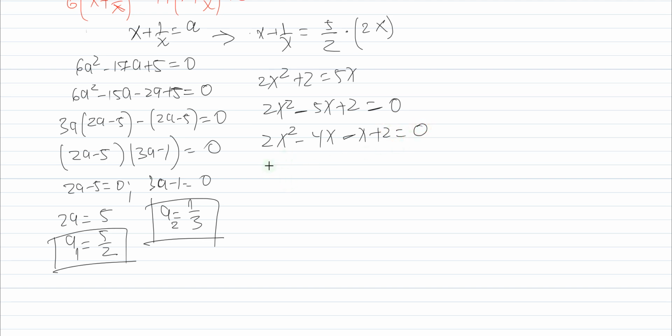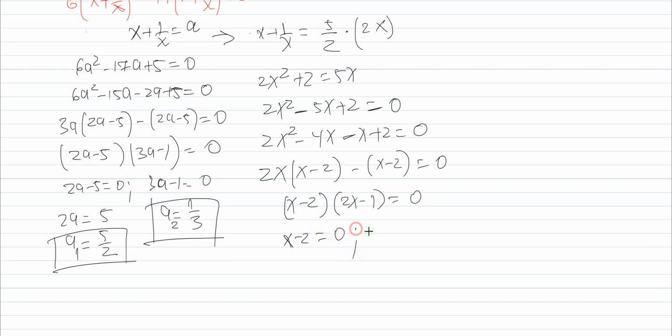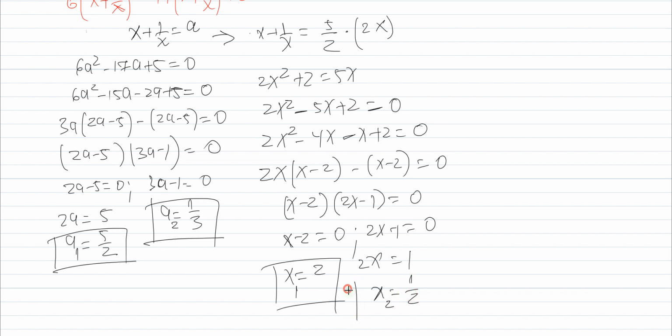So 2x times (x minus 2), minus 1 times (x minus 2), equals 0. So (x minus 2)(2x minus 1) equals 0, and x is equal to 2, and x is equal to 1 divided by 2.